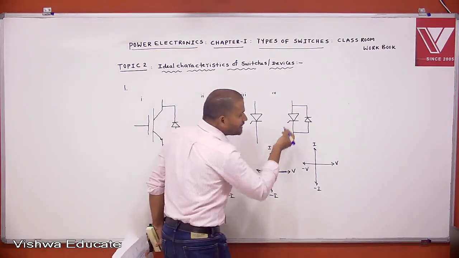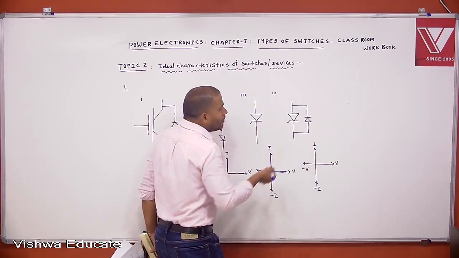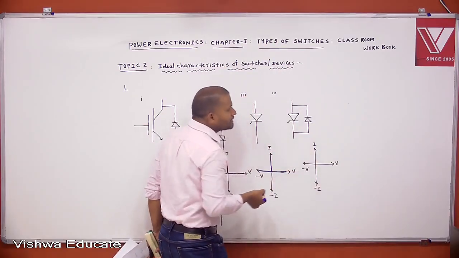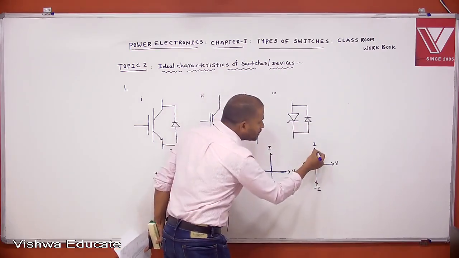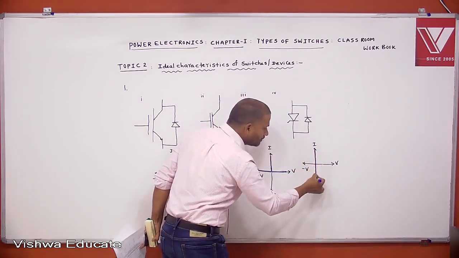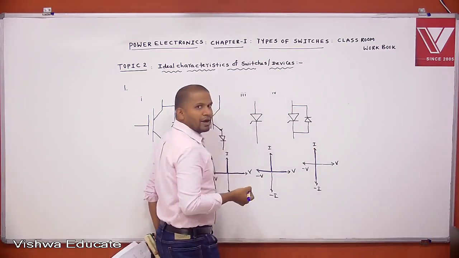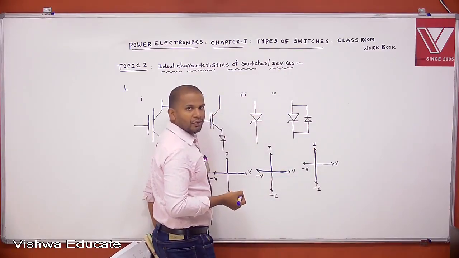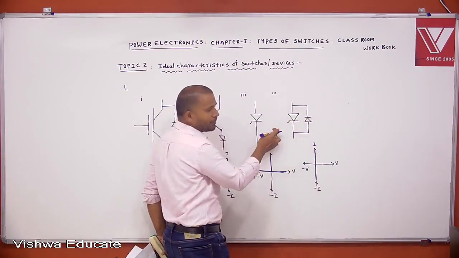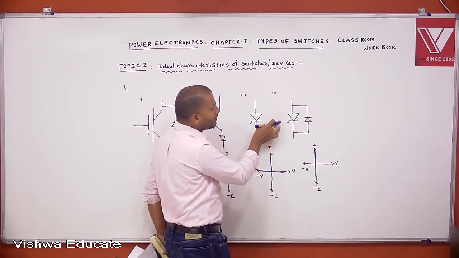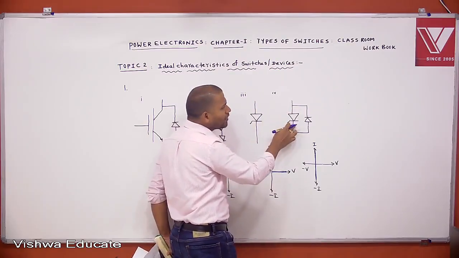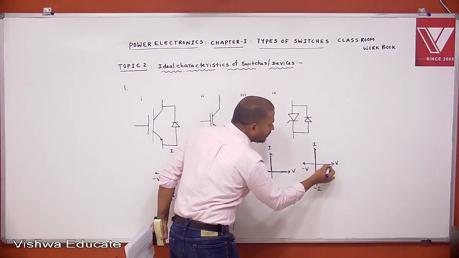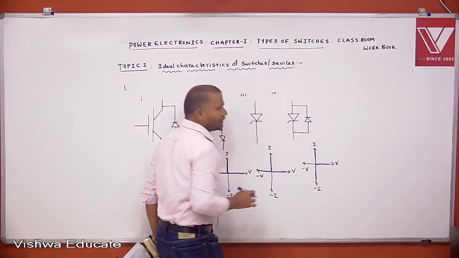Then what about this thyristor? Because of the anti-parallel thyristor and diode, it allows current in both directions. But because of the diode, if the positive supply is given, the thyristor is in forward blocking mode, so it blocks only forward voltage. It cannot block reverse voltage.